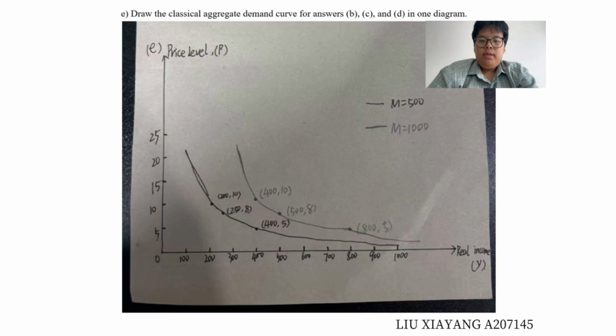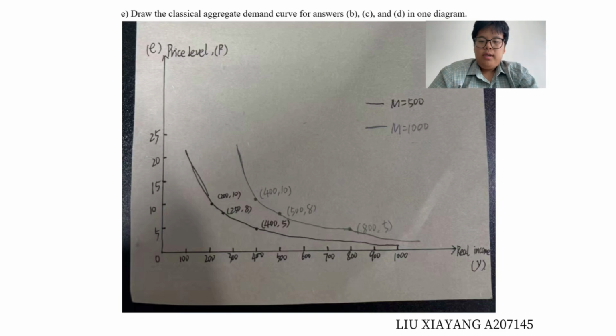When the price level is equal to 8, with the money supply equal to 500, the real income is 250. When the money supply is equal to 1000, the price is equal to 8, then the real income is equal to 500.